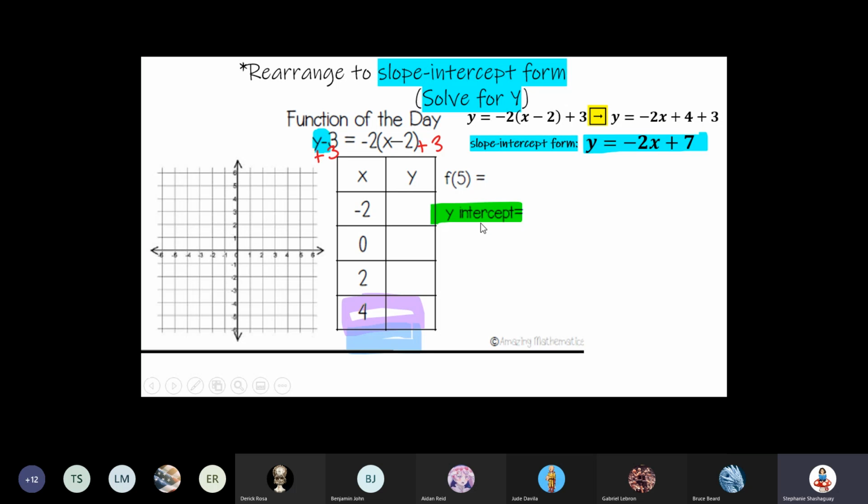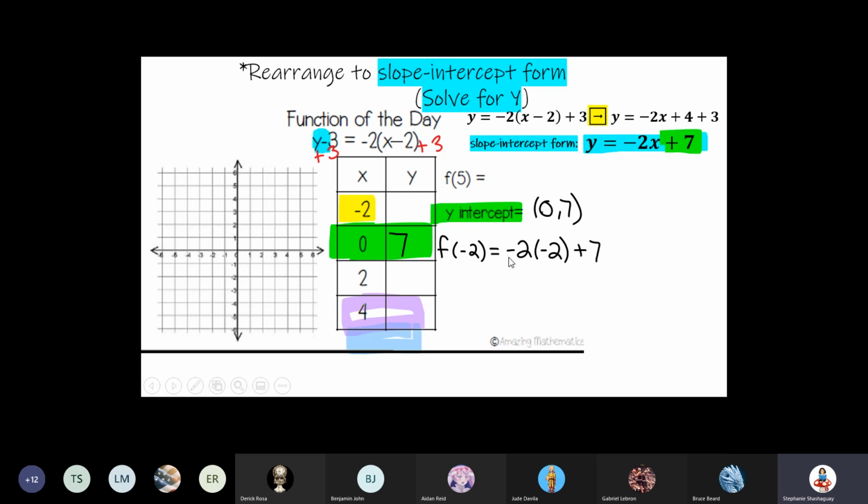So first I'm going to do my y-intercept. The reason why I always do my y-intercept first is because when I'm in slope-intercept form, that constant is my y-intercept. So I'm at 0, 7, and I can list my y-intercept as 0, 7. Then I'm going to find f of negative 2 using this function.